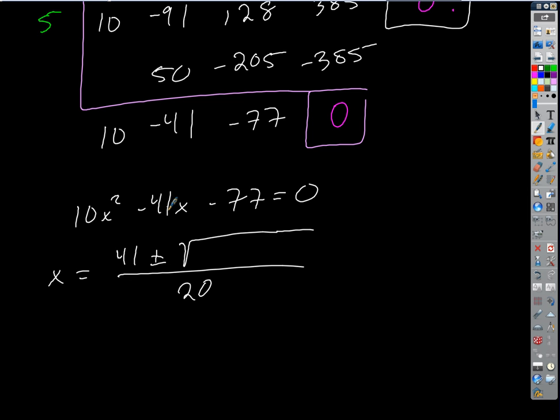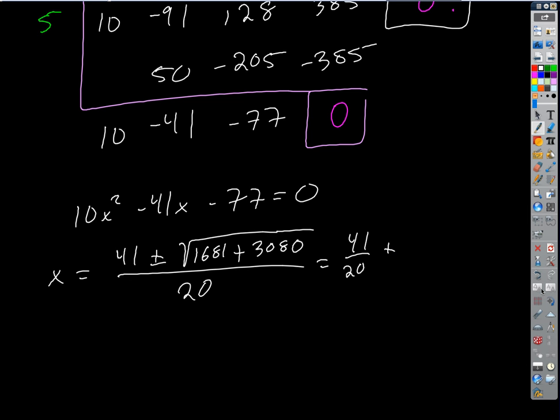Calculator will tell us. 1,681. 1,681 minus 4 times 10 is 40 times 77. Plus though, right? Because we're multiplying by a negative. Okay, so that equals 41 over 20.